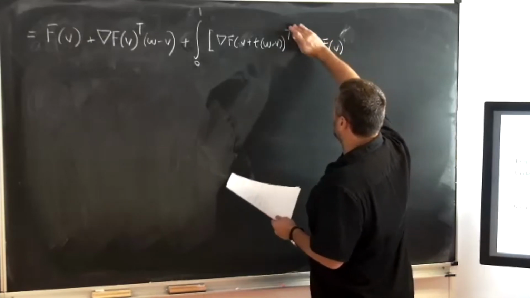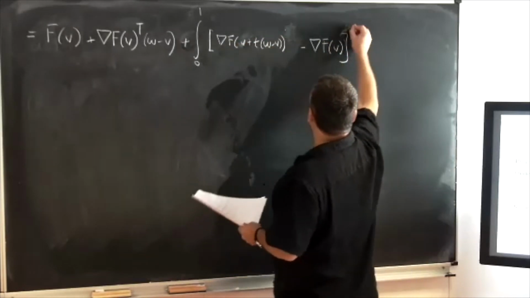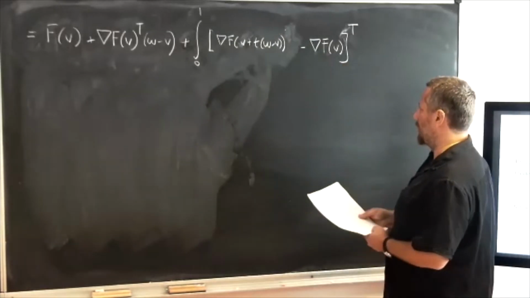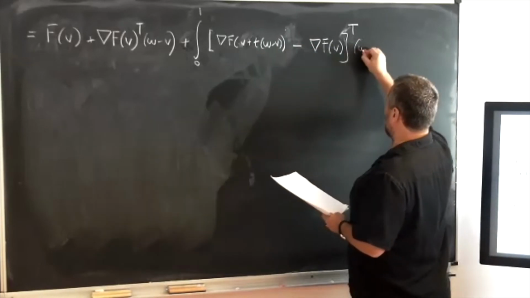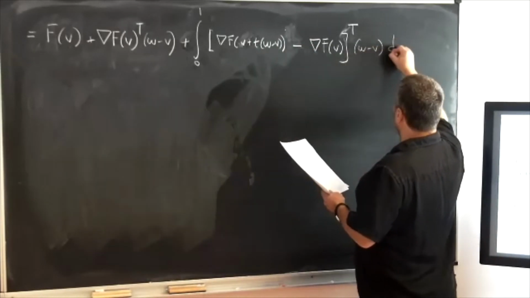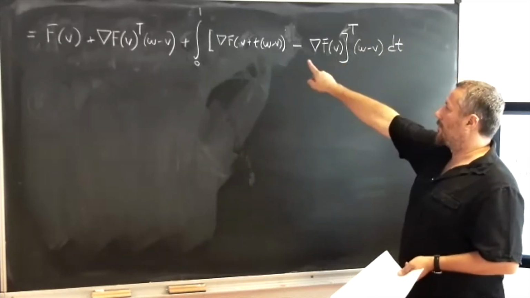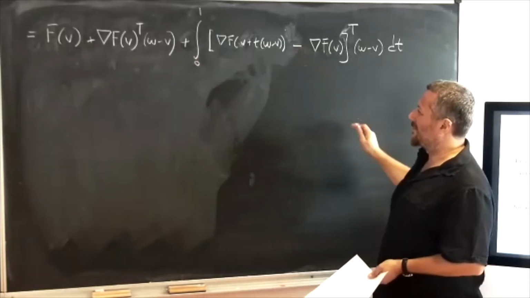Just put them together and then transpose them. Transpose of a sum is the sum of the transposes, and then omega minus v dt. So I just added and subtracted this term, and put the negative one inside the integral.